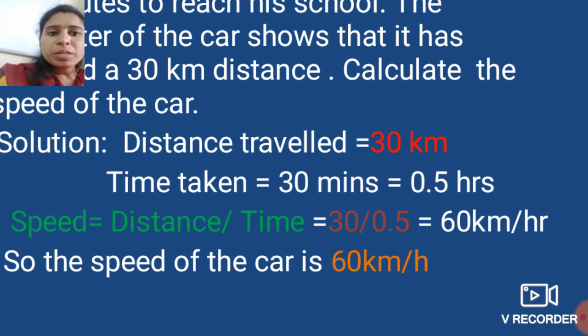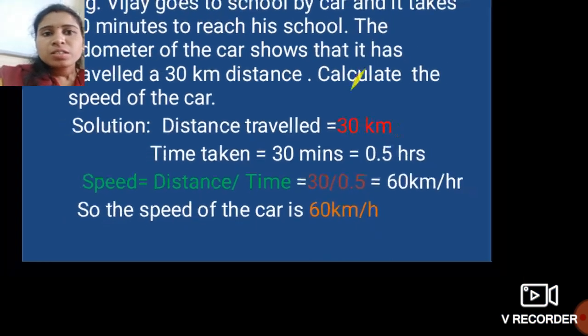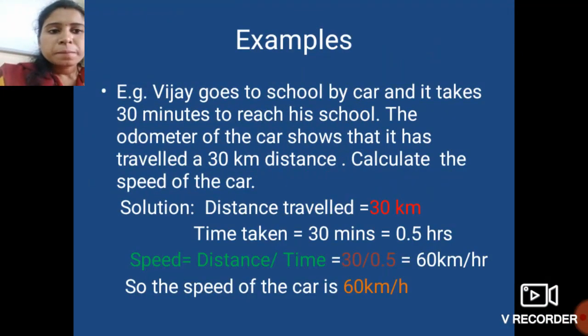Meaning in 1 hour it covered 60 kilometers. This is all about how to calculate the speed of the car.